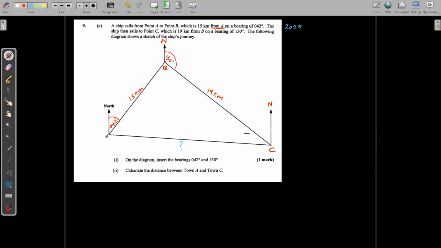So in order for us to calculate that distance, we need a few things. For one, we need to know this angle inside here. Why do we need that angle? What's the reasoning behind that?